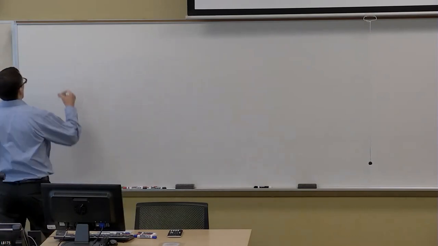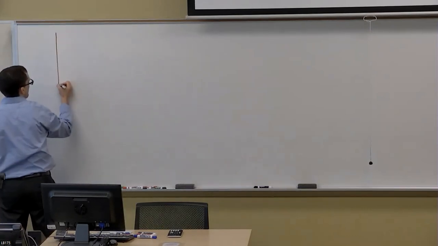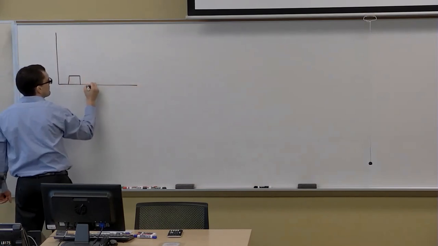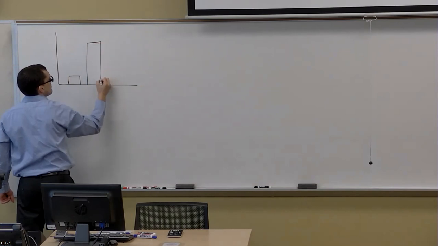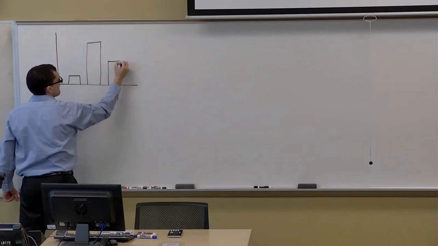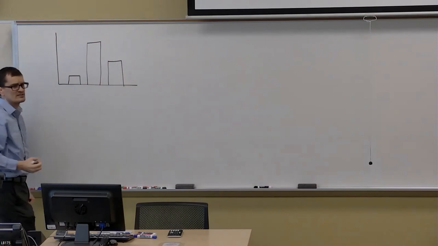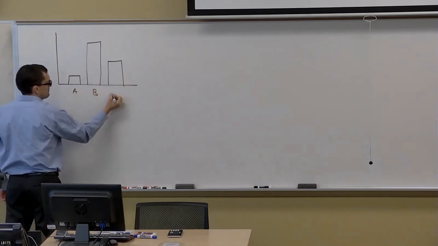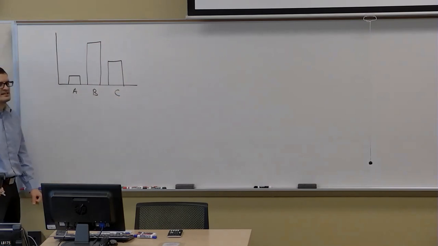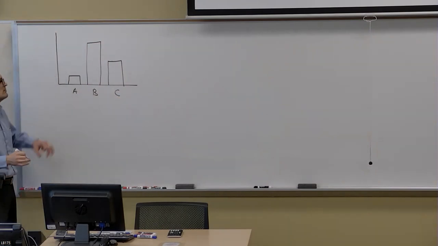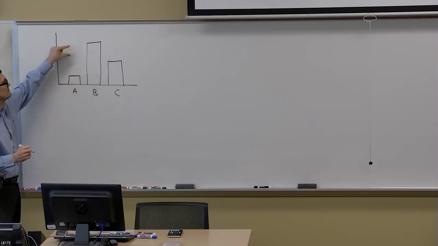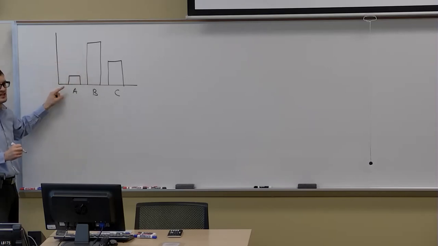Let's say I took a bar graph and my bars looked something like this. And I'll give three options. We'll just call this option A, option B, option C. Now, if I look at a bar graph and it's written like this, B looks like it's at least 4 or 5 times as big as A, right?